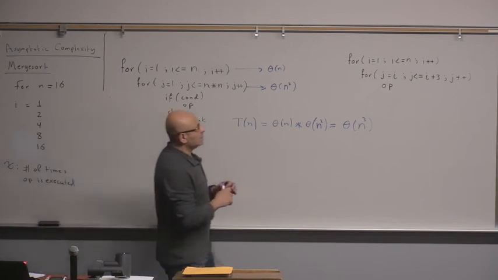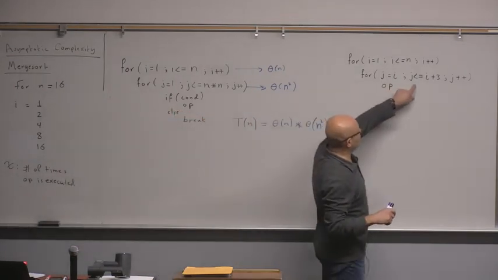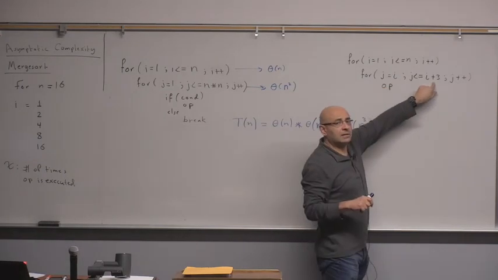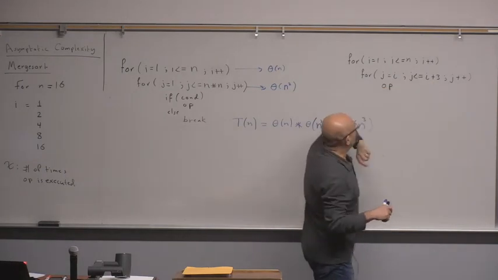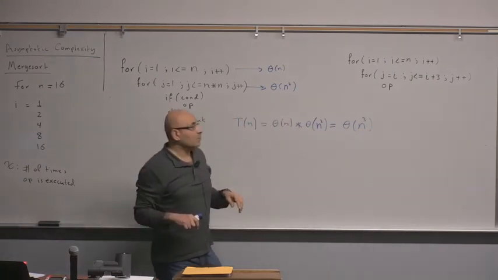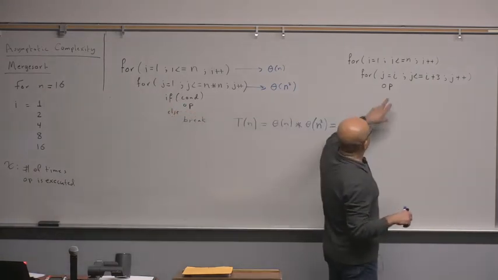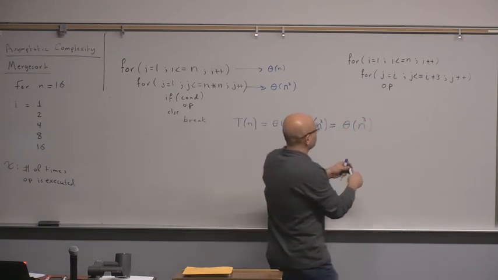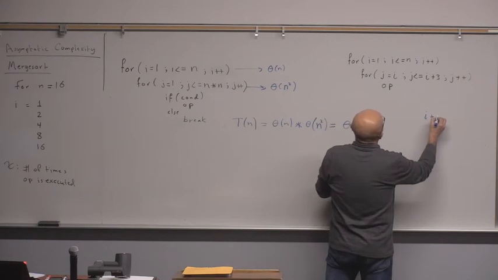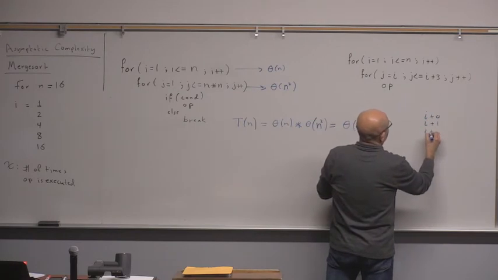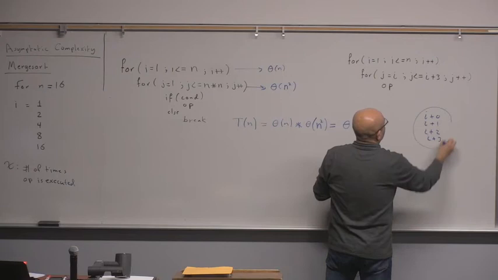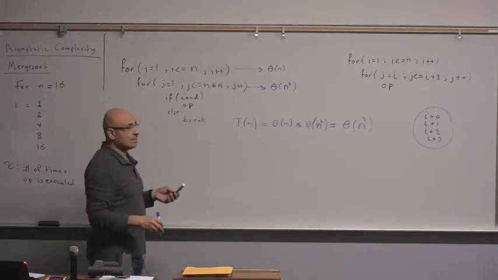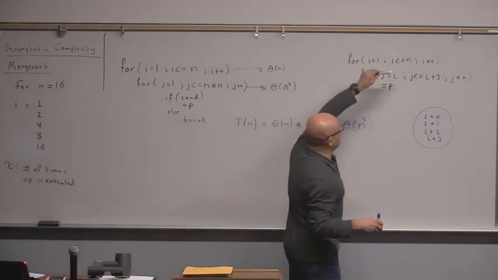Yeah, exactly. So the number of executions of the inner loop is going to be constant because we always go from I to I plus 3. No matter what I is, we're going to do it 4 times, in fact, because we go from I plus 0, I plus 1, I plus 2, I plus 3. So the inner loop is executed 4 times. The outer loop is executed n times.